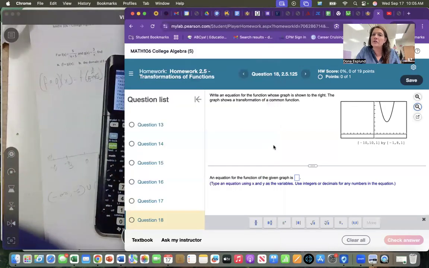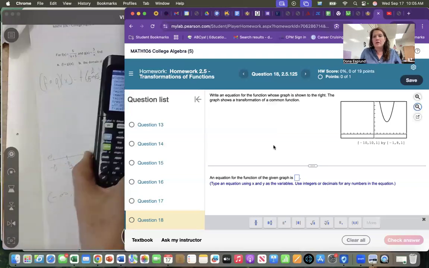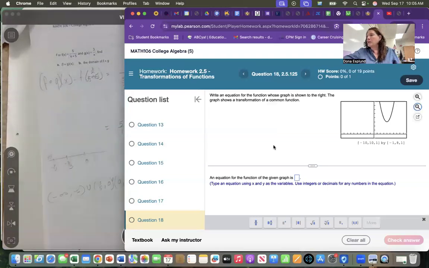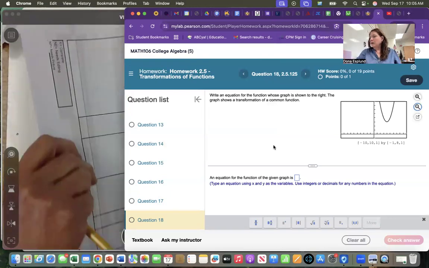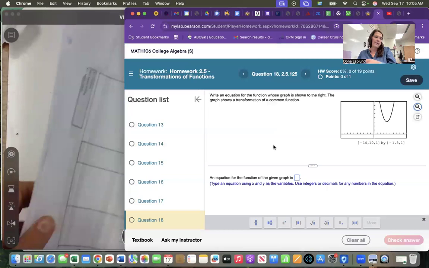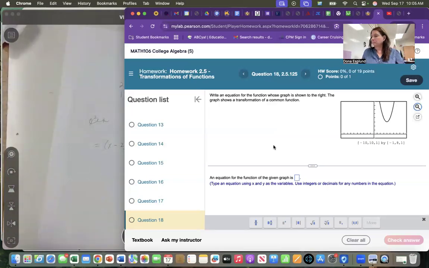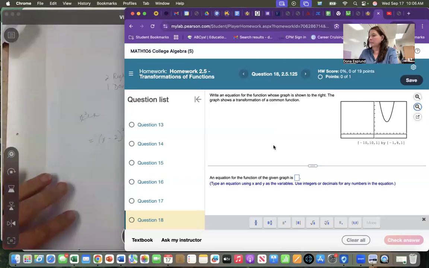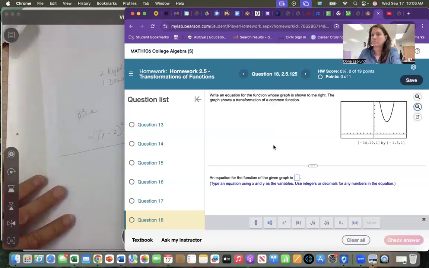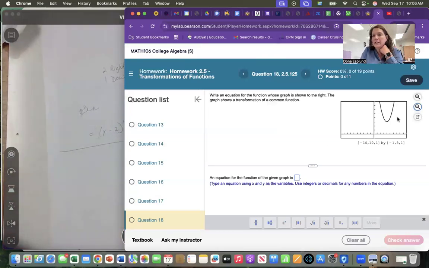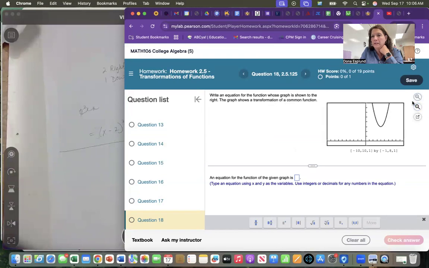On the next one, it's asking what the graph of the function is. So what we want to do is find out what the shifts are. It looks like, in the next one, this is the one we were doing before too. In this case, we go over 1, 2, 3, 4, but then we come up 1, 2, 3.